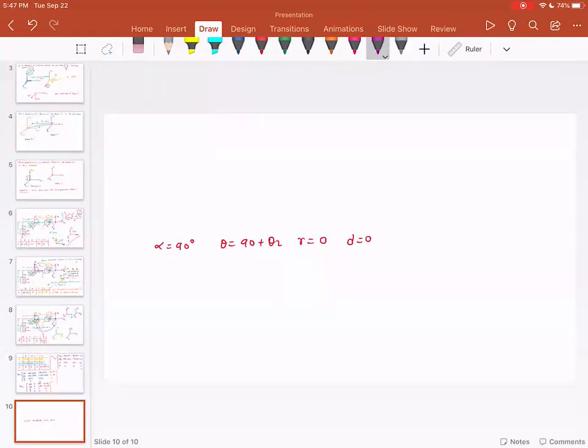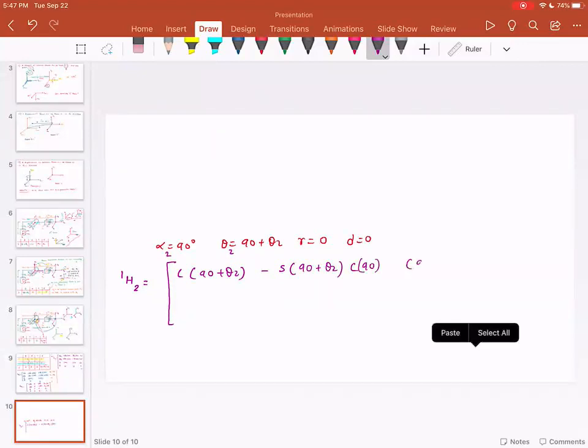Just for the sake of completion, I will try to complete this. 1H2 is equal to cosine of 90 plus theta 2, minus sine of 90 plus theta 2 cosine of 90 degrees, sine of 90 plus theta 2 sine of 90 degrees, R is 0.